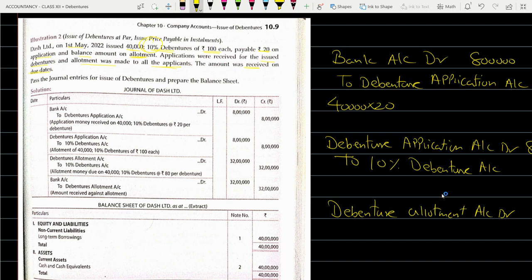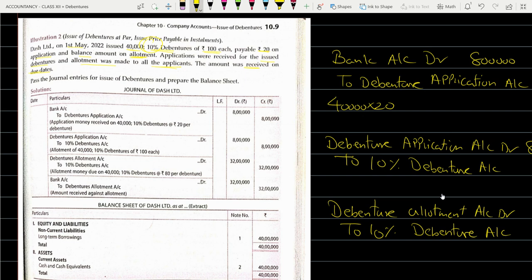Here it should be debenture allotment account debited, but in place of share capital, you have to substitute the percentage of debentures. So that's the reason you are getting here 10 percent debenture. Now are you clear with the entry?